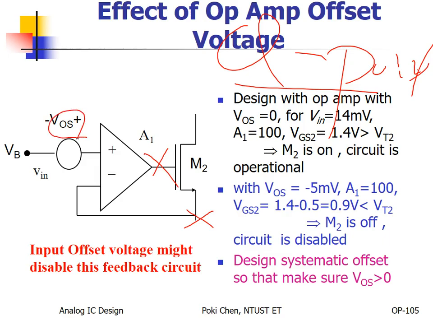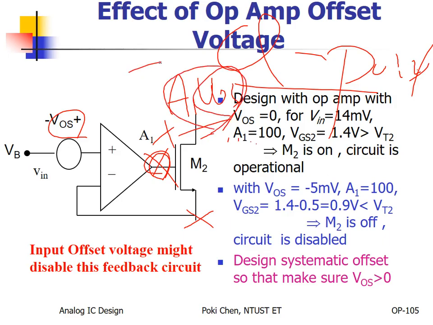So the real voltage here should be the original one plus A1 VOS. If this term A1 VOS is negative, you need to be very careful. For example, 2 millivolt here, right? A1.